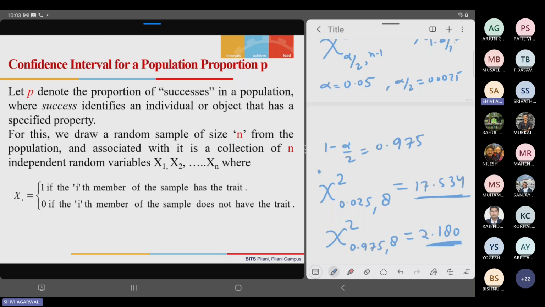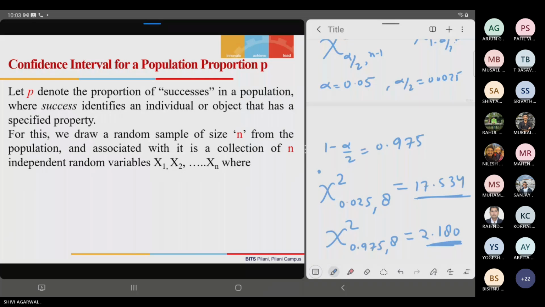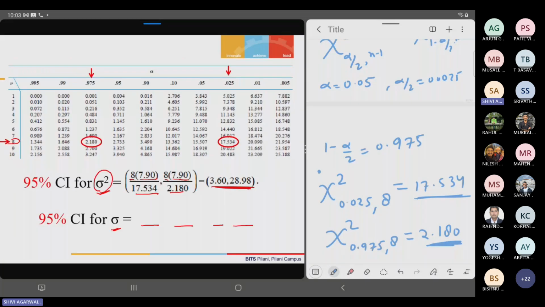After that we will start the test of hypothesis. I think I have to just cover this one. The confidence interval for population proportion we are not doing here, because it is given somewhere else in your textbook, in the exercise. So we can just remove it.